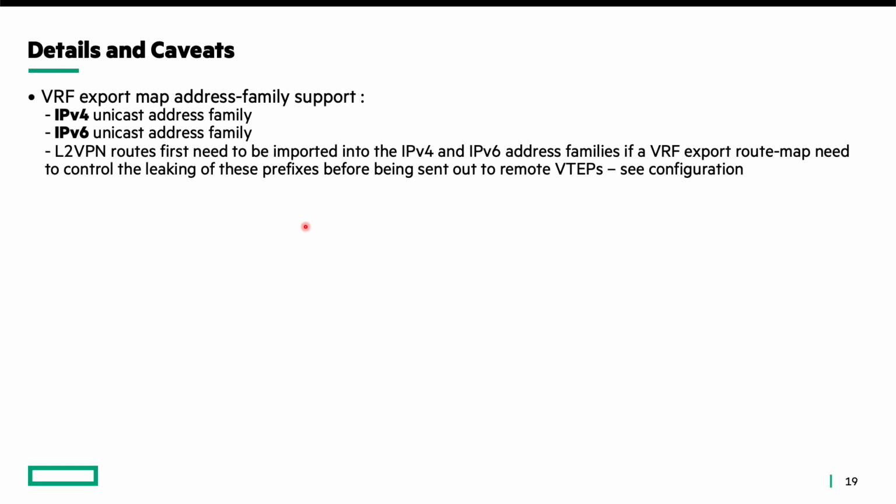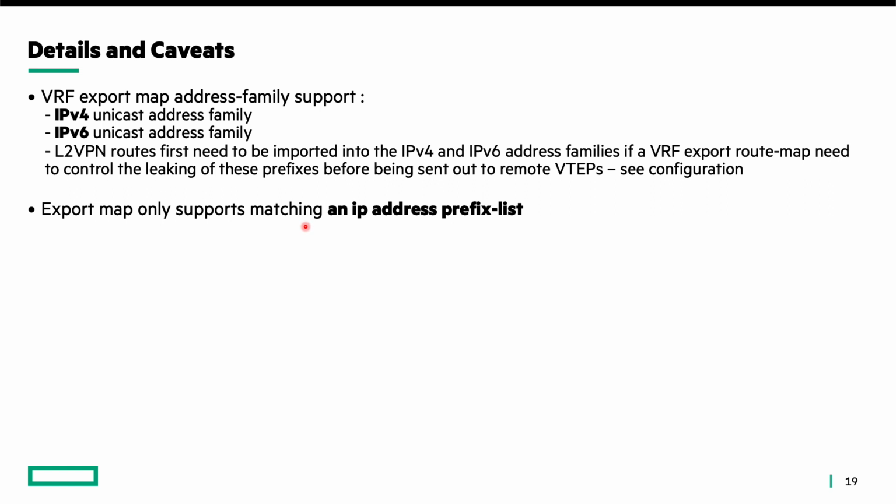The VRF export route map is supported in the IPv4 address family and IPv6 address family. For layer 2 VPN, you don't find a command in the layer 2 VPN, but we need to go through the IPv4 and IPv6 address family using import and export. Also with the layer 2 VPN address family, we can control the leaking of routes exchanged through L2 VPN as well.